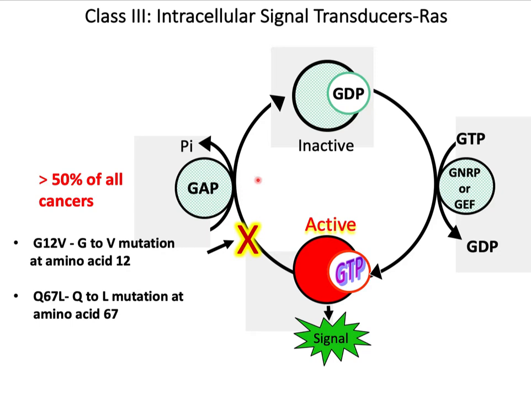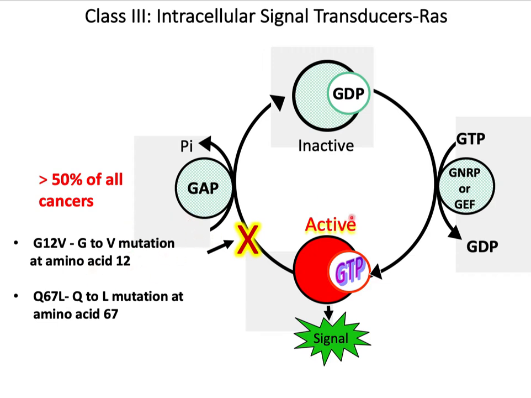The GAP is just actually turning on the GTPase, the intrinsic GTPase activity of the RAS itself. In over 50% of cancers, there is a mutation in RAS, an amino acid at position 12. It is a glycine to valine mutation, G12V, and we talked about this as the V12 mutation in part 1.